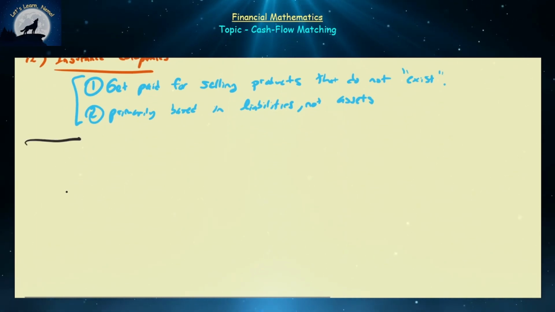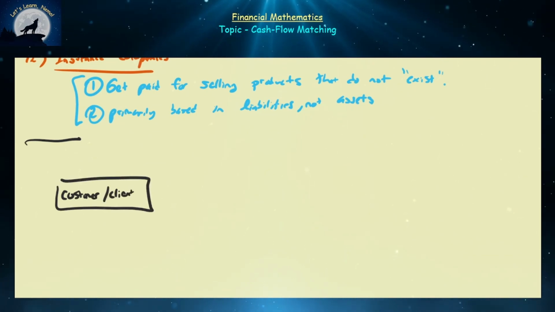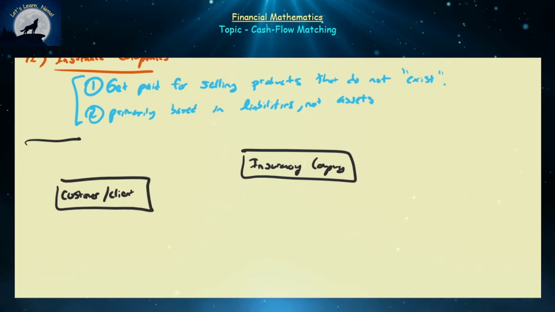So first off, we have the customer or the clients, let's say you, and then we have the insurance company over here, whether it be rentals insurance or car insurance. And what you're going to do is buy a policy, usually a monetary policy, from them. I won't get into the details of insurance policies because that would be a completely long and disjoint discussion. So our customer buys a policy from the insurance company.